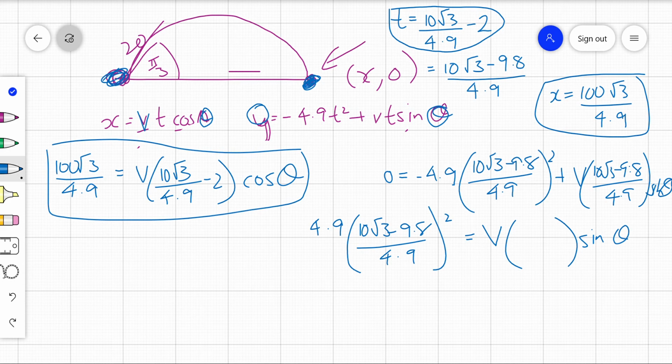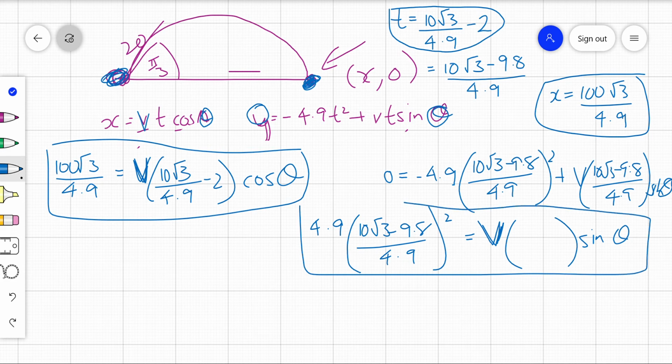So what I could do is take my second equation and divide it by my first equation. Because the left-hand sides both have the v, in this case cos theta, and v bracket sine theta. So it looks kind of nice, like I'd get rid of the v's, which is what I want to do. I'm dividing this equation by this equation, because in that way I will get a tan theta.